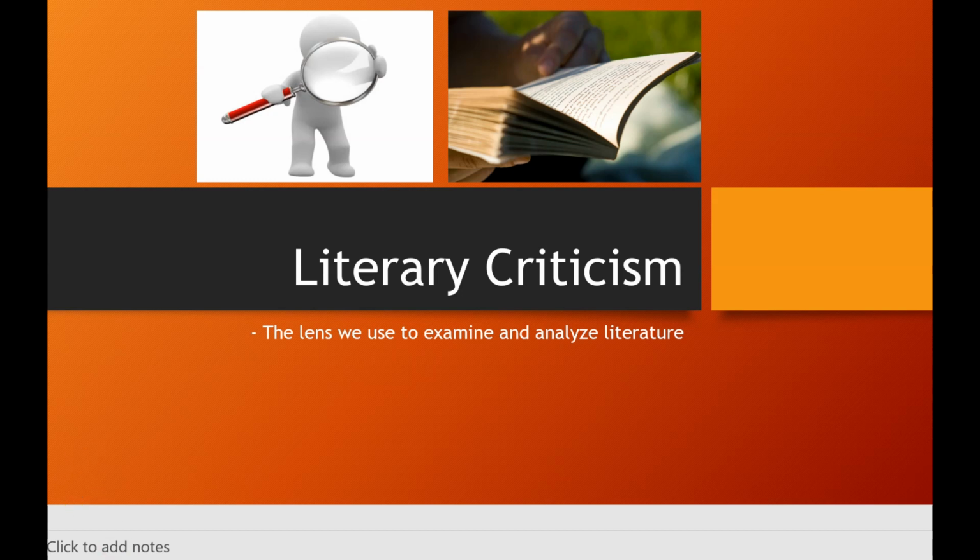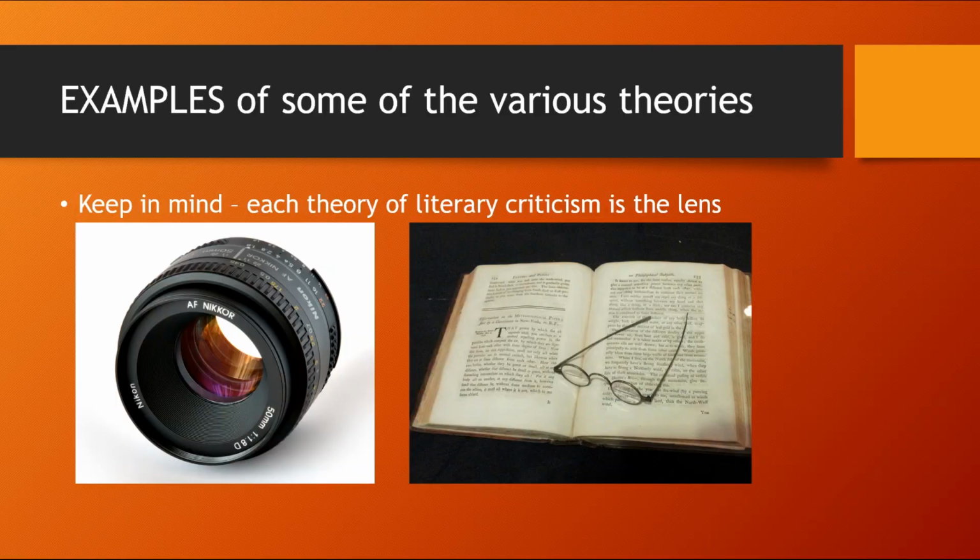Okay, so going forward, we said literary criticism, our working definition, is the lens that we use to examine, to analyze literature. It's the lens that we look through. Now, the lens is really like the theory. So each theory is the lens that we use. So we might have reader response theory, which we're going to focus on, but there are a whole host of other theories.